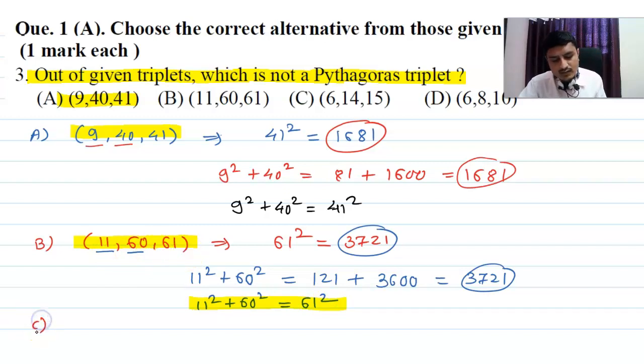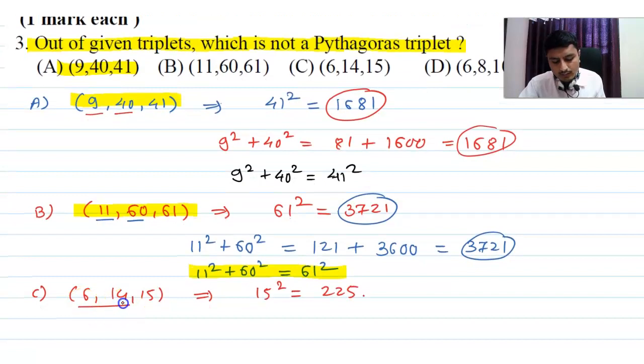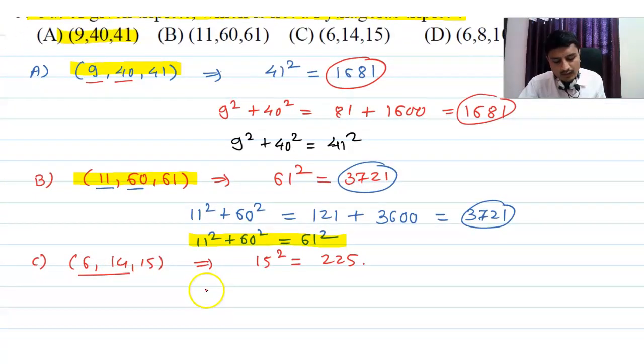Look at the choice code C now. It is of the form 6, 14, 15. Among them the greatest number is 15, whose square is 225. Look at the remaining two numbers, 6 and 14. Once we take the square sum of them, 6 square is 36, while 14 square is 196. 196 plus 36, we get 232, which is not equal to 225, the 15 square.